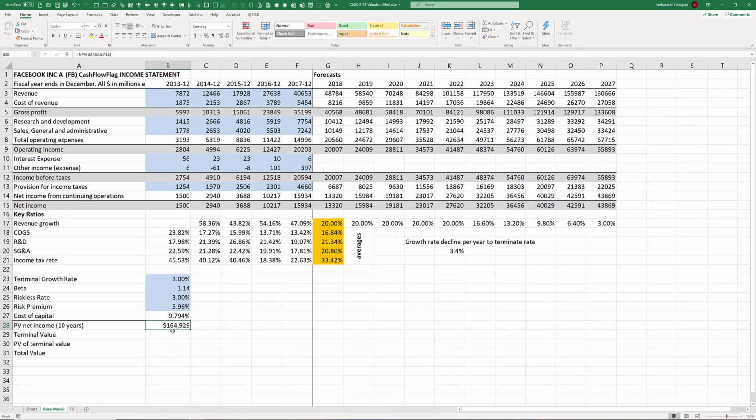And what about the terminal value? Terminal value is, okay, so this is the net income for year 10, but beyond year 10 you're going to have incomes coming in, and we want to capture that as terminal value. The terminal value is given by this, from the textbook.